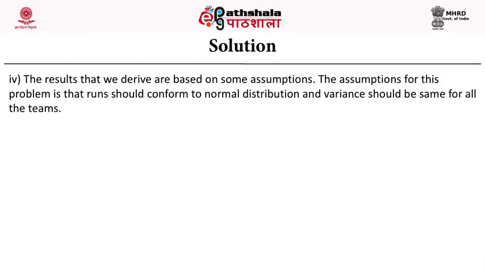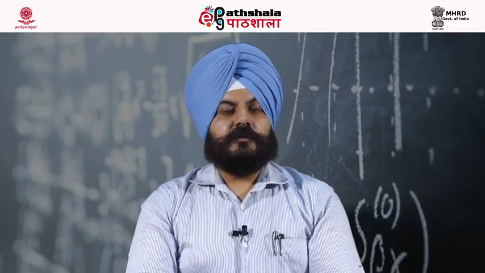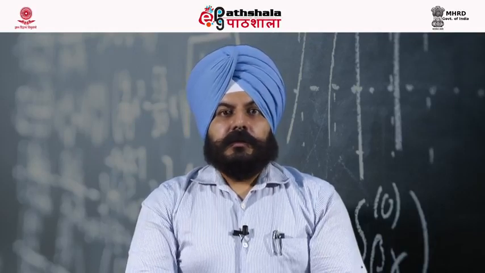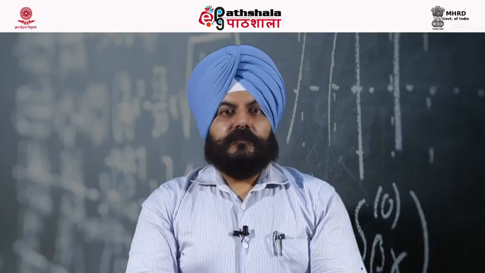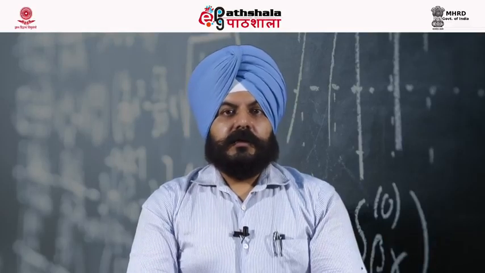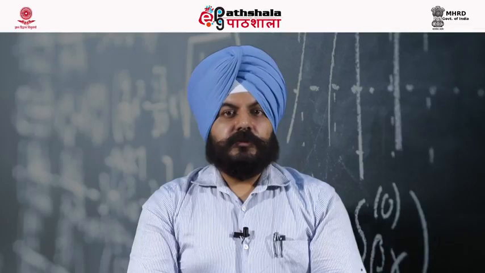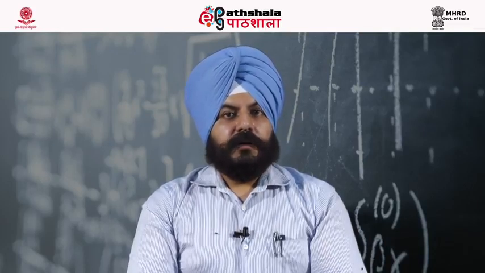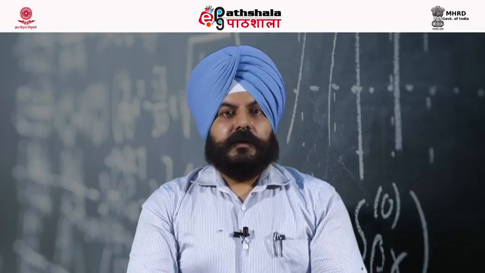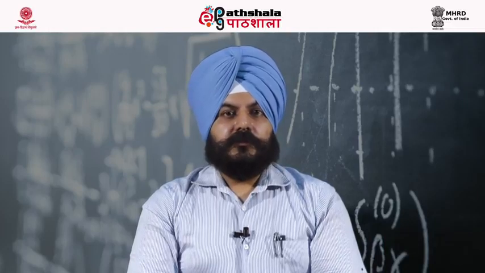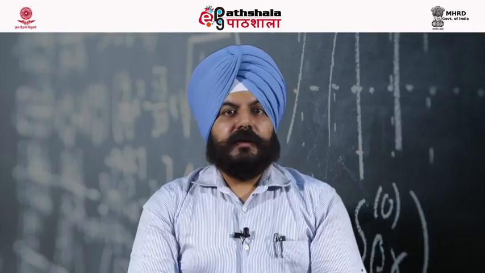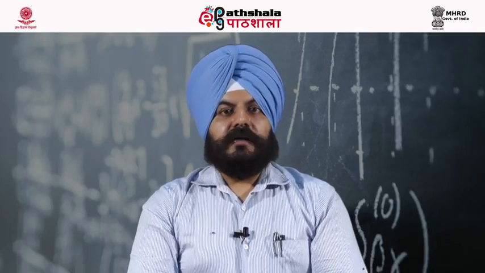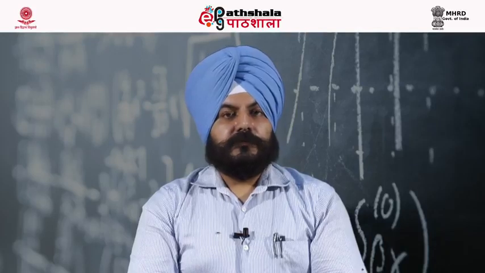In the end, I would like to conclude this module. In this module I discussed what ANOVA, that is analysis of variance, is, and how we apply ANOVA in our practical life. We also discussed the fixed effect model and the random effect model, and the difference between the two of them.